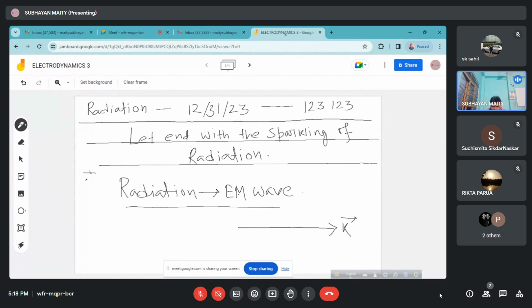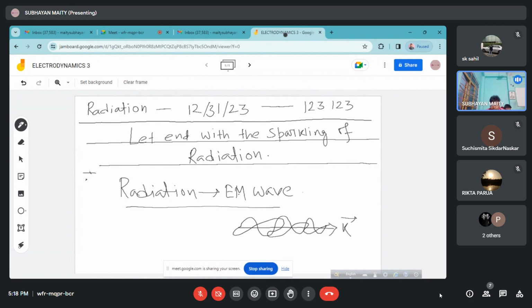Okay, the electric field is oscillating in the plane of this page, or the plane of this desktop, or the plane of this board, basically Jamboard, and the magnetic field is perpendicular to both, like that way. So E, B, and k are mutually perpendicular.